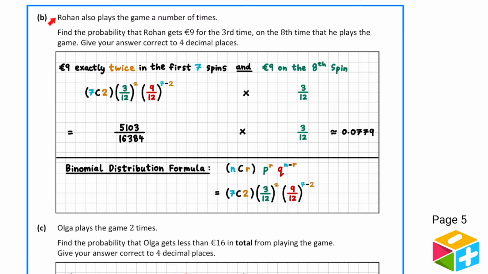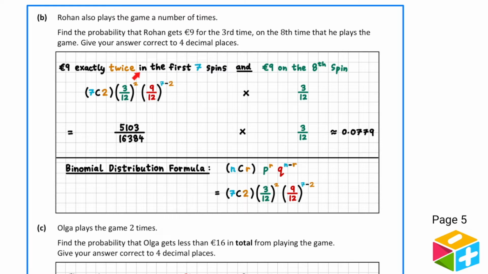In part B, we're told that Rowan also plays the game a number of times. We need to find the probability that he gets €9 for the 3rd time on the 8th time that he plays. Well, there's 2 things that need to happen here.